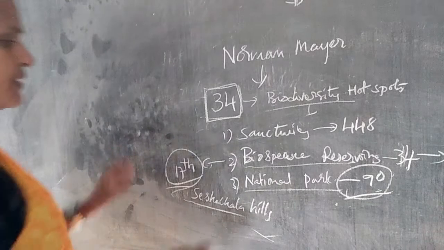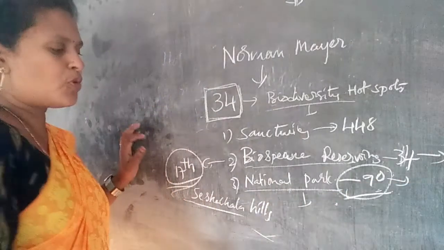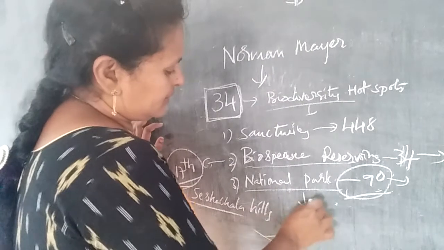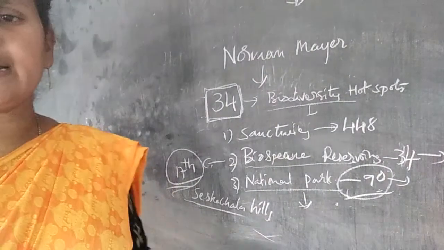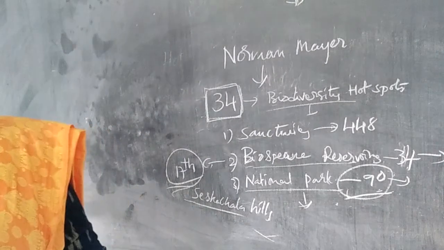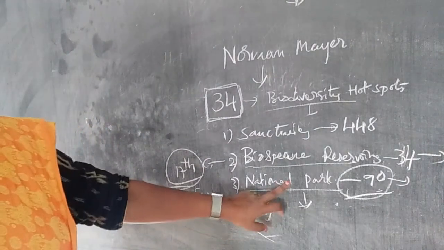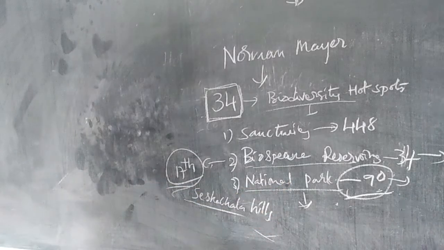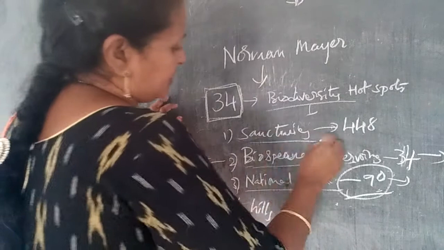And national parks: for example, Jim Corbett National Park, Kasu Brahmananda Reddy National Park, Kaziranga National Park, Mahavir National Park, etc. These are the main national parks. And next, sanctuaries: endangered species are present in the sanctuaries.